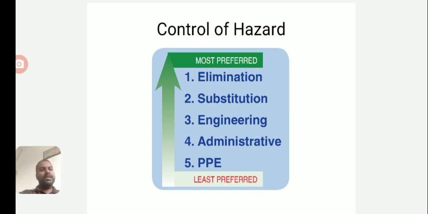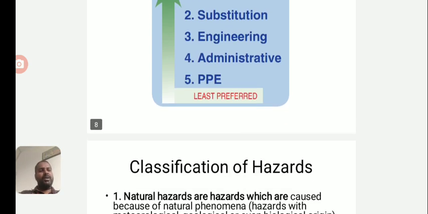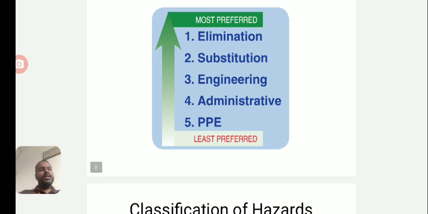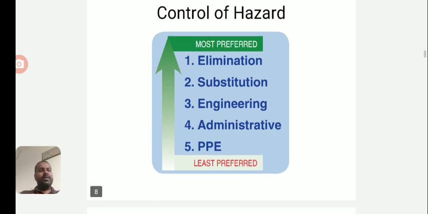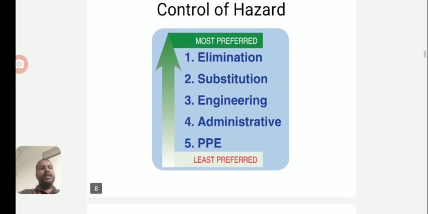Control of hazard is preferred in this order: elimination, substitution, engineering, administrative and PPE. Elimination means we analyze why the hazard is coming. We cannot eliminate natural hazards, but we can easily control them before the disaster comes.